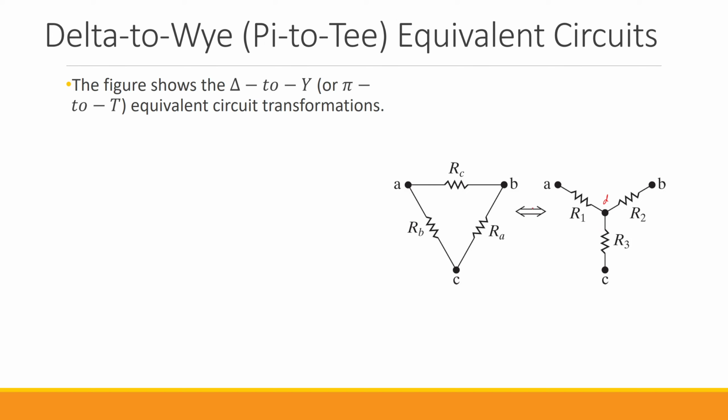So what we want to do is find the relationship between RA, RB, and RC, and R1, R2, and R3 in such a way that these two circuits are completely equivalent.